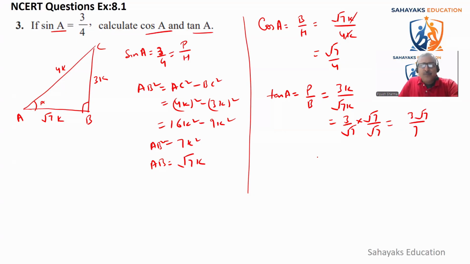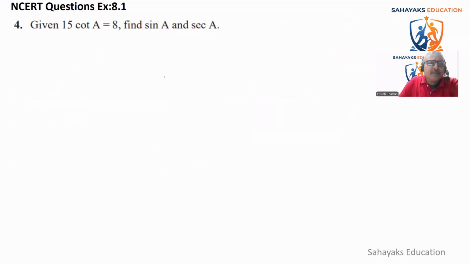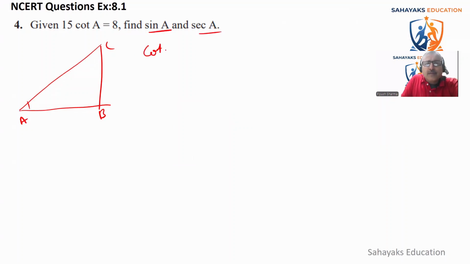Okay. Coming to the next question, it says, given 15 cot A is equal to 8. So again, we'll just make a triangle. This is angle A, B, and C. We have to find sin A and sec A. Now, cot A is equal to 8 divided by 15. What is cot? Cot is equal to base divided by perpendicular.